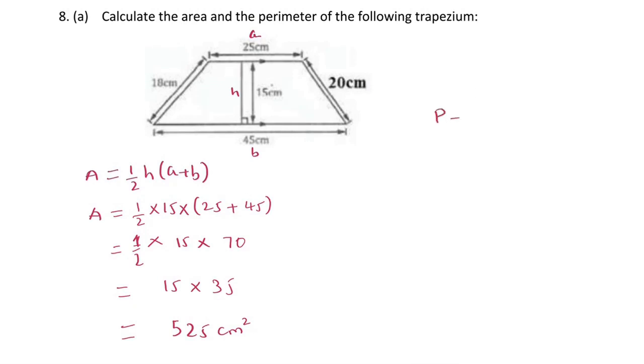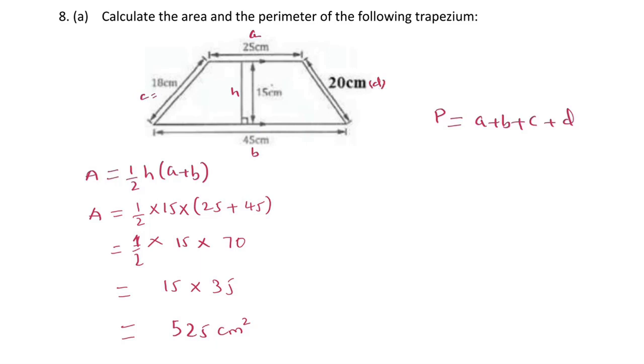Okay, so next, to find the perimeter of a trapezium, we are going to use the following formula, which says perimeter equals to A plus B plus C plus D. All these are the sides of the trapezium. So being given A is 25, B is 45, C is 18, and D is 20.